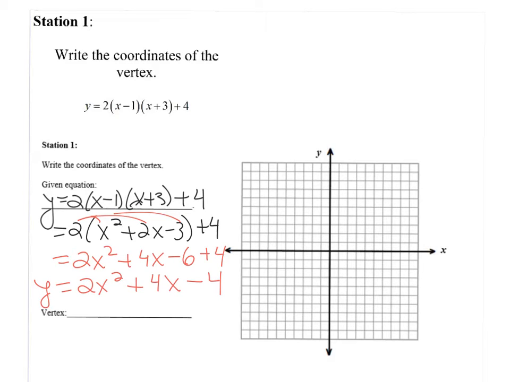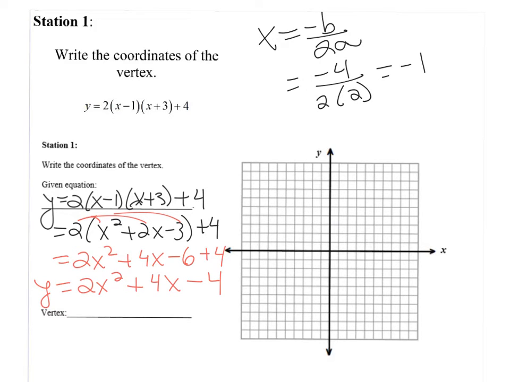I'm not going to complete the square because you have a coefficient that's not 1. So to find the vertex, I'm going to use the x-coordinate, which I know is going to be negative b over 2a. So that's negative 4 over 2 times 2. That's negative 1. So the x-coordinate's negative 1. Now, to get the y-coordinate, we have to plug it in. So you have two choices.